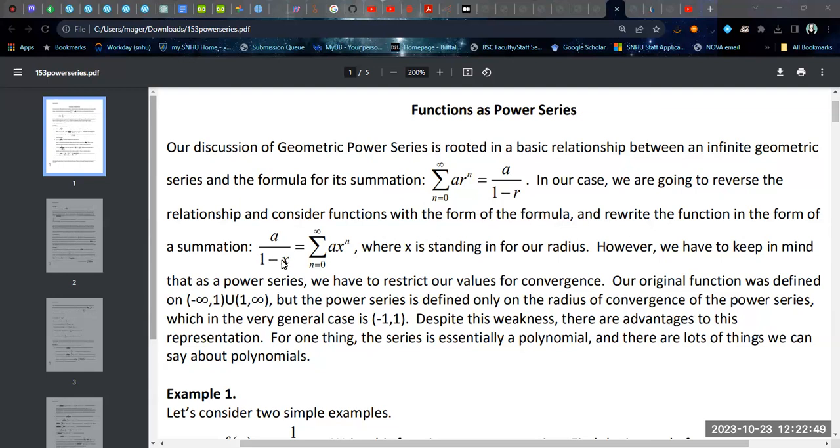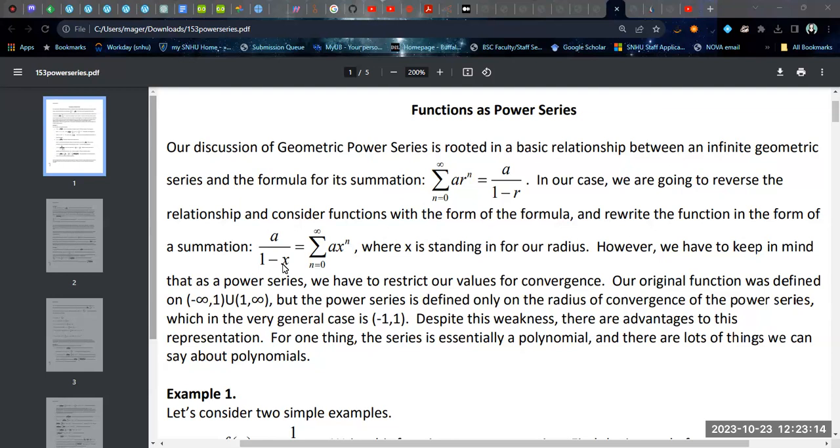And what we're going to essentially do is do this process in reverse. So we are going to have a function which is expressed something like this. A can itself be a function of x in this particular circumstance. R does not have to be x specifically. It can be something else. It can have constants. It can be other powers of x, things like that.